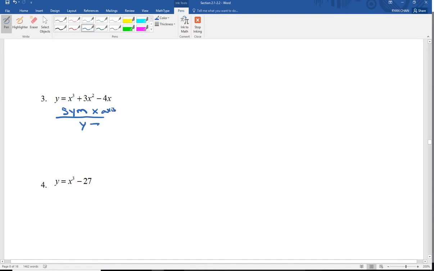So that means y becomes negative y, and negative y is equal to x cubed plus 3x squared minus 4x. That does not work, as you can see. These two are not the same. So no dice.